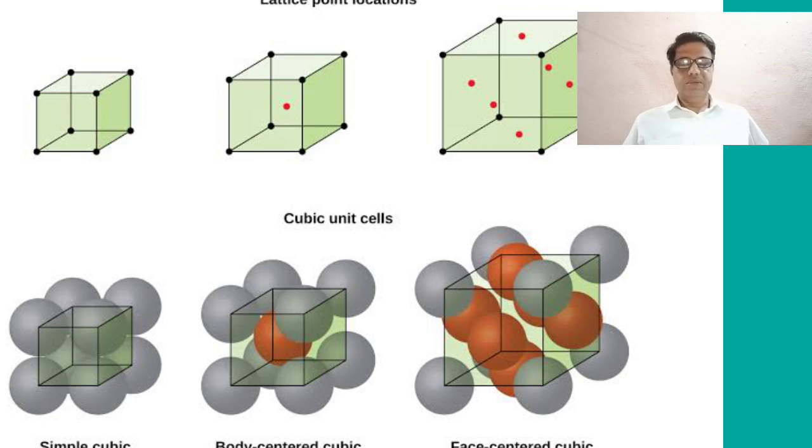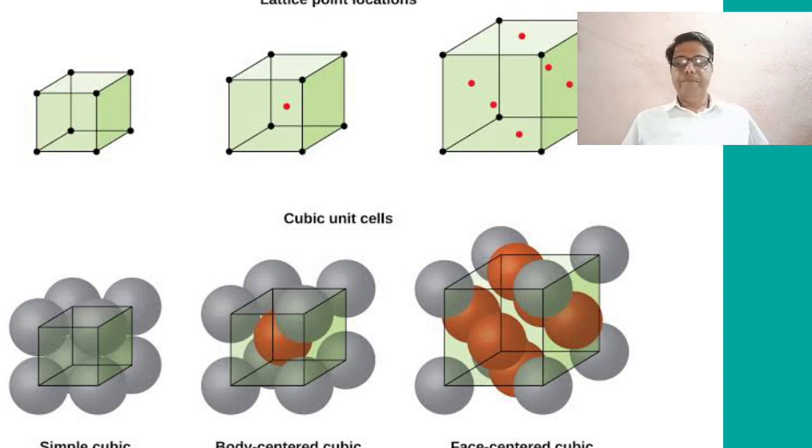Total faces 6, so there are 6 points 1 2 3 4 5 and 6. So this is shown in your diagram. So these are the face centered unit cell.